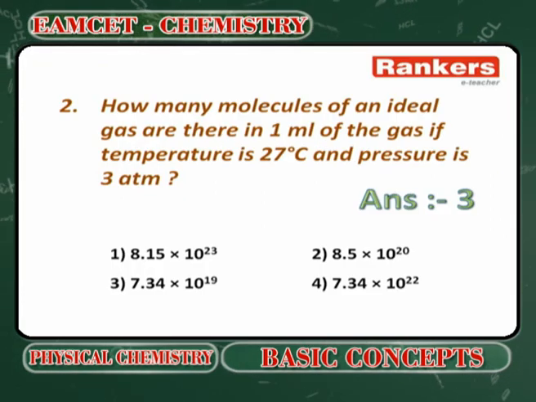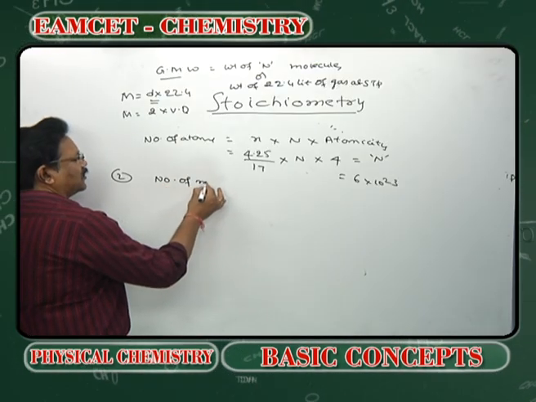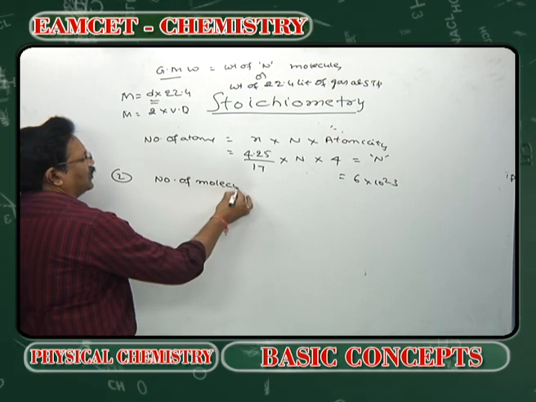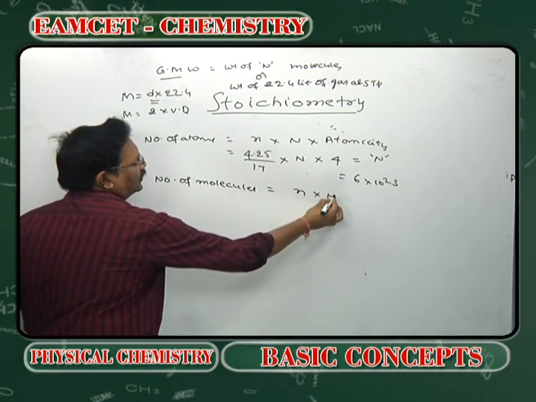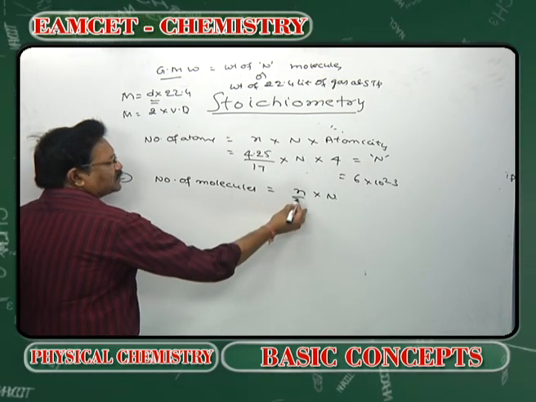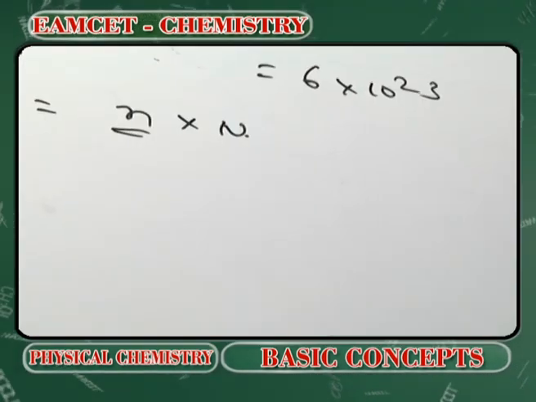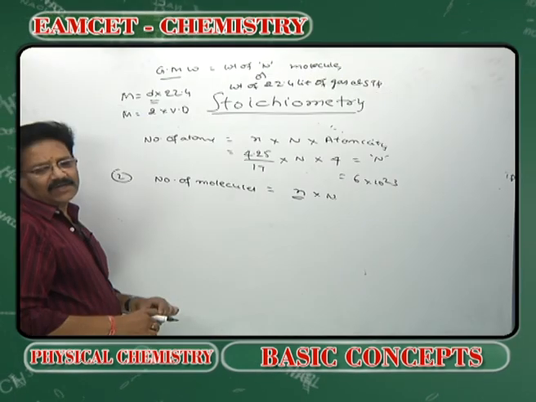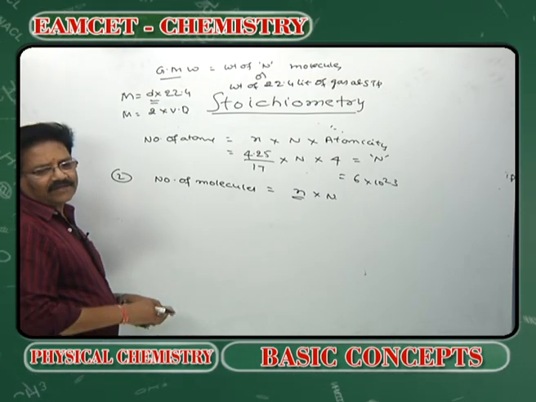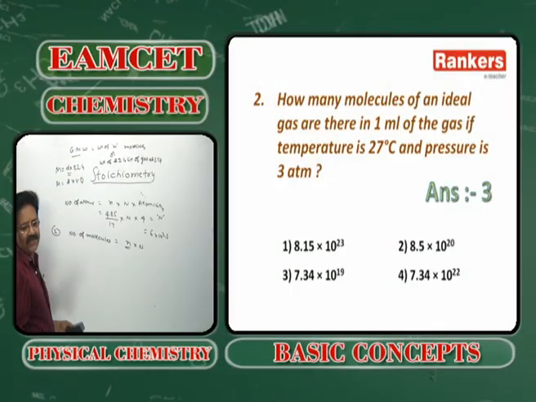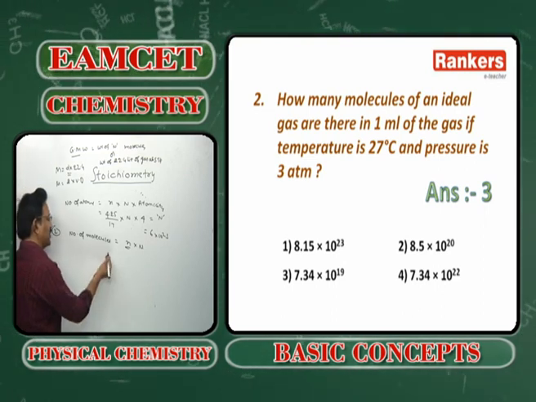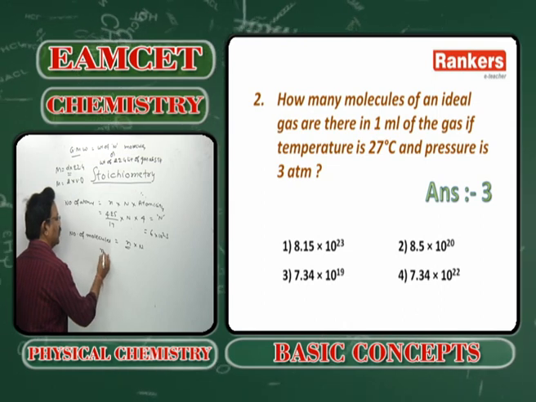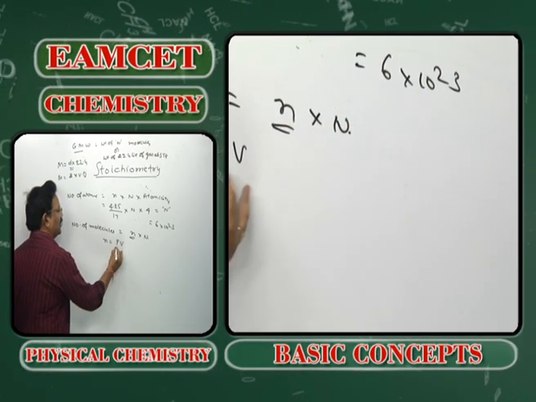How many molecules? How do you get the number of molecules? Simple, small n into capital N. Here, to calculate small n, which formula is to be used? Because what they have given are temperature, volume and pressure, n is equal to PV by RT.